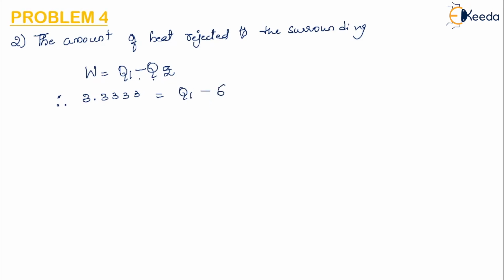That is the value of Q2, which has already been given. So Q1 is equal to 9.3333 kilowatt, or we can write it as 559.998 kilojoules per minute by multiplying this term by 60.